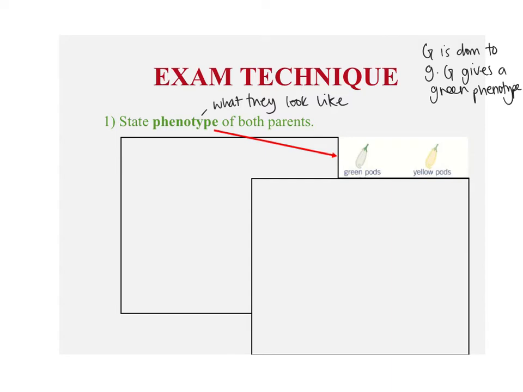It might also say in the stem of a question, because sometimes it won't just be very obvious from it, that one parent is homozygous dominant and the other is homozygous recessive. Okay, so this is really important that you're reading the question, looking at the stem, getting all of the information that you can from the question.